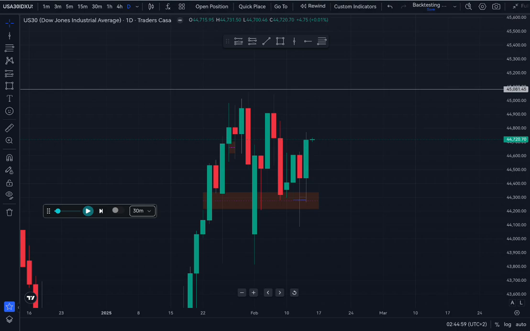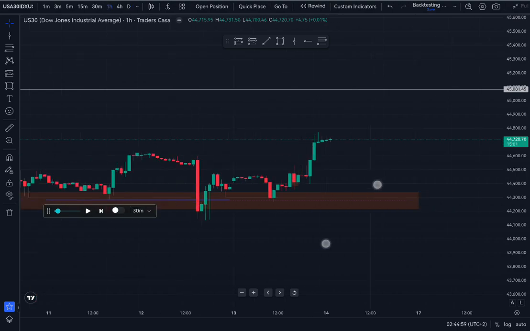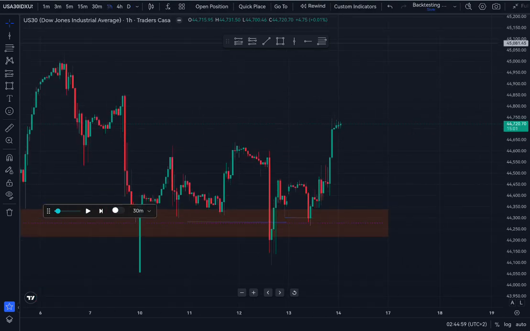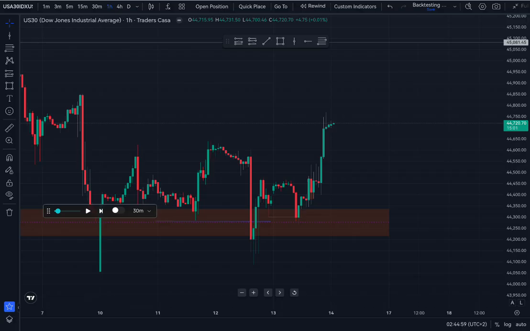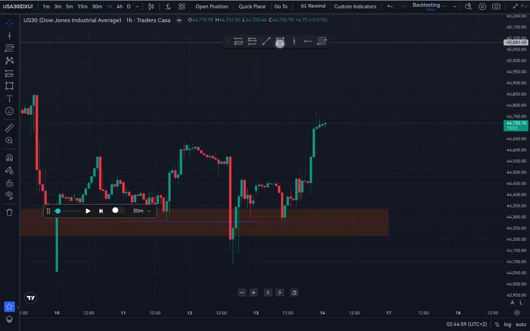So I'm gonna go to the 1 hour. On the 1 hour time frame, we will focus on the bullish side of things. I'm expecting price to at least come into fair value gaps down here and then give me some proper fractal model and give me some form of rejection.